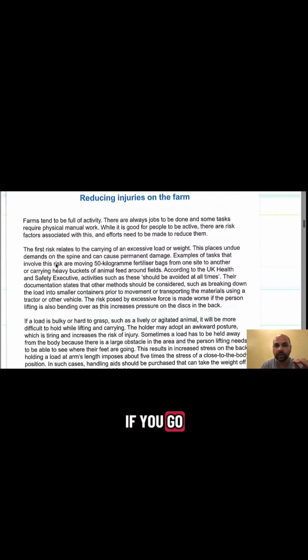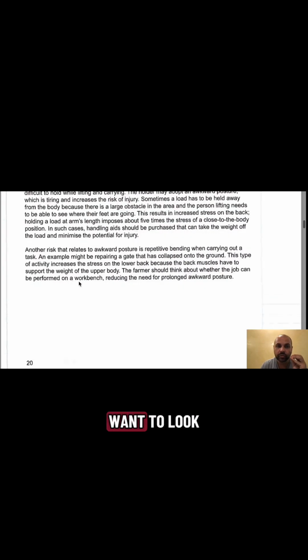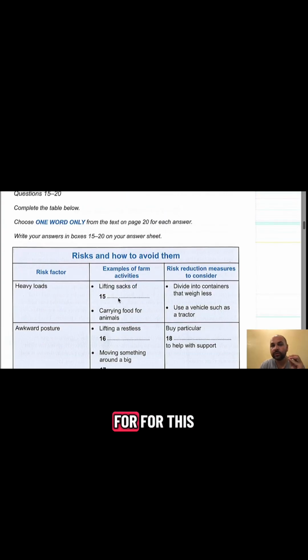If you go back to the text, you will see that the second passage concerns the same topic: excessive load or weight. So the information for this section is taken from the second passage.